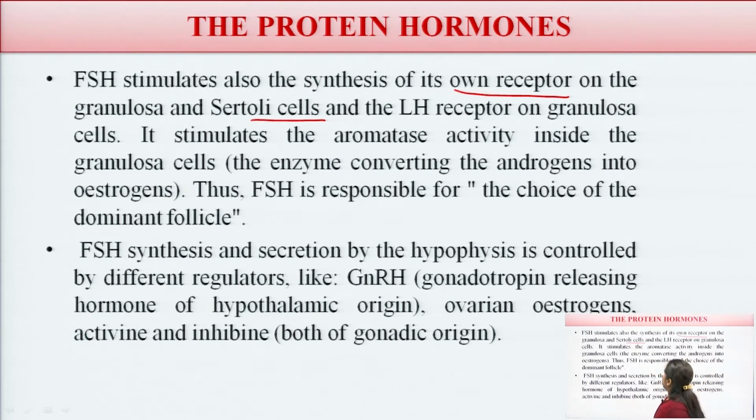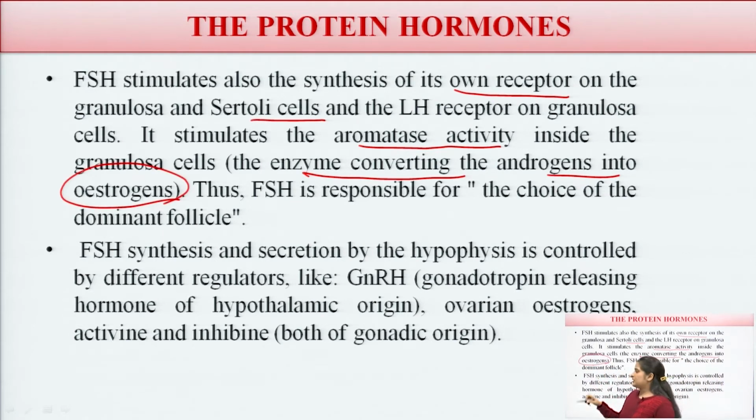It stimulates aromatase activity inside the granulosa cell, which helps the enzyme convert androgens into estrogens. Thus the follicle stimulating hormone is responsible for the selection of the dominant follicle.